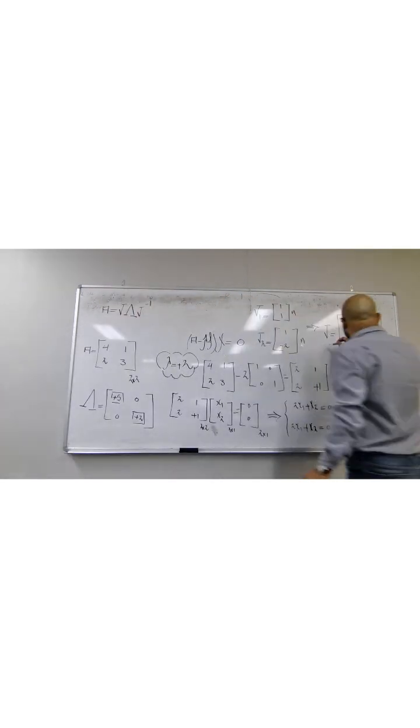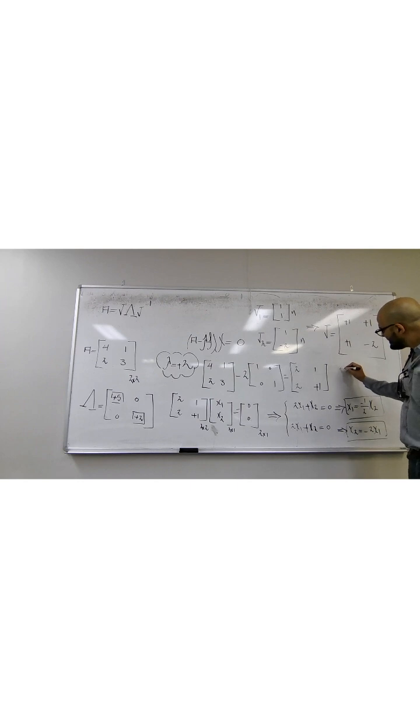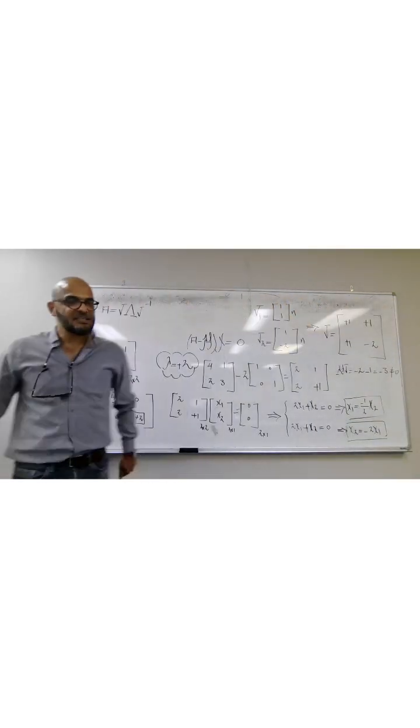Let's find the determinant of V. It becomes plus 1 times minus 2, which is minus 2, minus these two, which is minus 1, which becomes minus 3. As this is not equal to 0, it means that V is invertible.